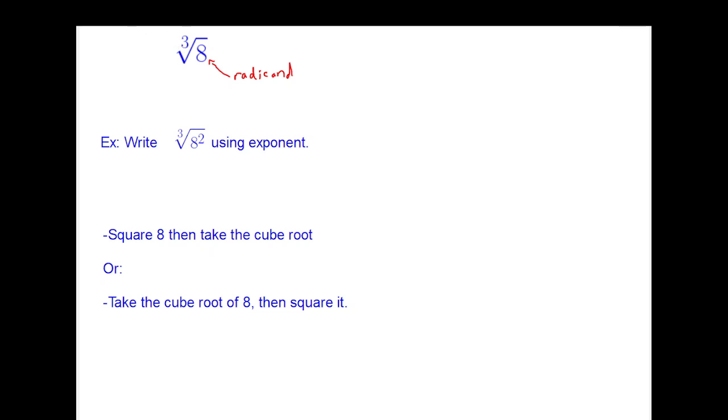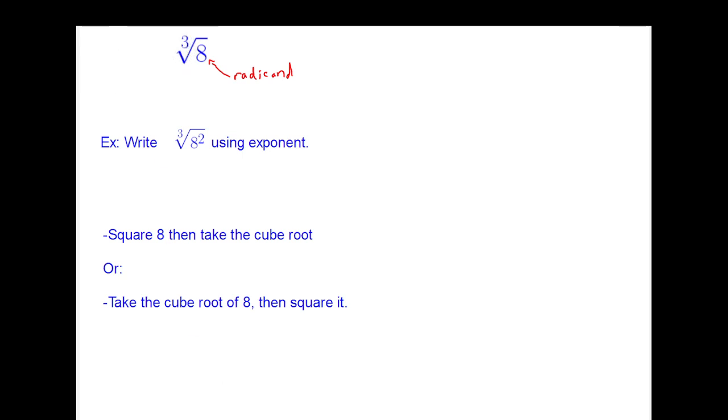One of the things that you'll see when you do some work with radicals, and we do call this whole thing a radical, sometimes you'll see a number out front here. Notice this 3 here is kind of tucked away inside the radical symbol. And that has a very different meaning than a 3 out front. So I just wanted to point that out because that is an important distinction.